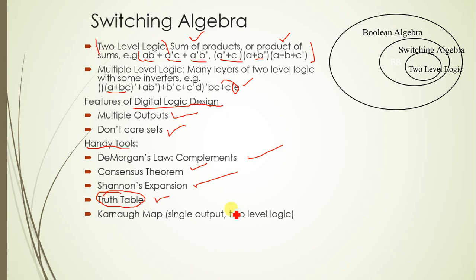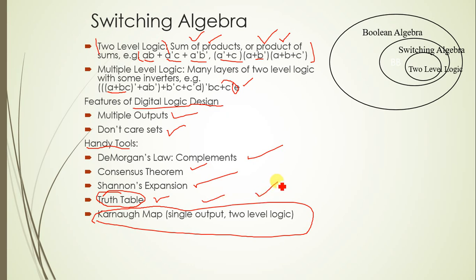When we want to reduce combinational logic to a smaller output in the form of sum of products or product of sums, we use k-maps. K-maps are mostly used when you have a single output and the logic is of two levels, with no intermediate logic. Those are called Karnaugh maps.